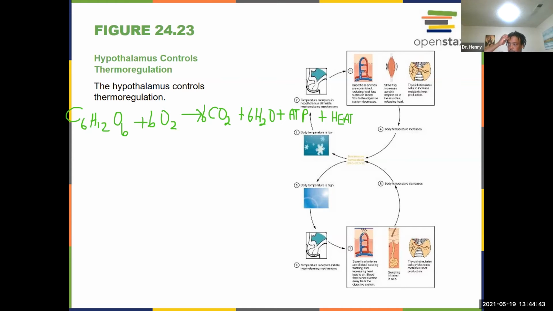And then the thyroid is going to decrease the metabolic heat production. So in this case, you're not going to be producing a lot of ATP or anything like that. You basically are not going to want to do that because in this case, you're warm, right? You don't need any more heat.